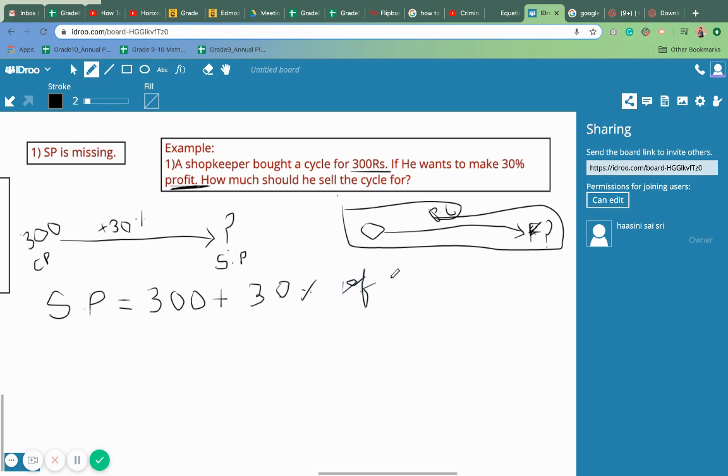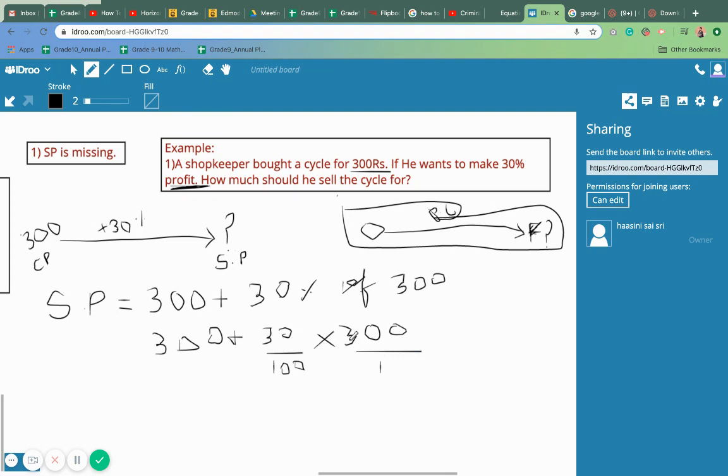the 300. Now, this 300 is written as it is, and then we write 30% as 30 upon 100. The 'of' will be written as multiplication, and it is multiplied with 300. You can see that 300 doesn't have a denominator, so I can keep a denominator of 1 to avoid confusion.